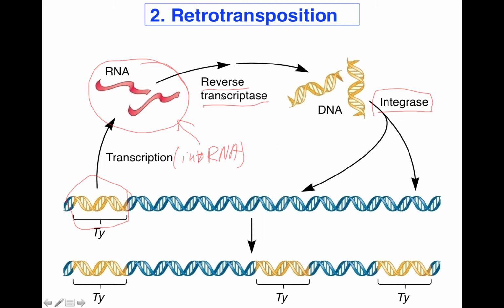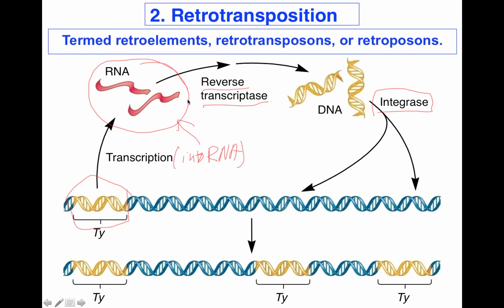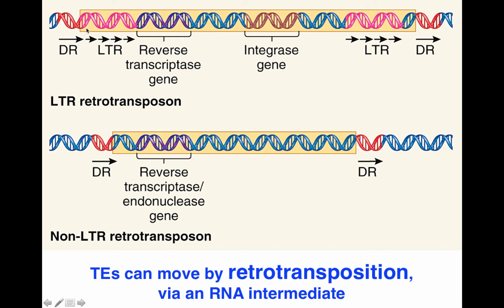Where do these enzymes come from? Reverse transcriptase and integrase? Well, they're actually encoded in the transposable element itself. These elements are often termed retroelements, retrotransposons, or retroposons. I usually go for the middle one, retrotransposons. So here's a diagram showing what a retrotransposon looks like.